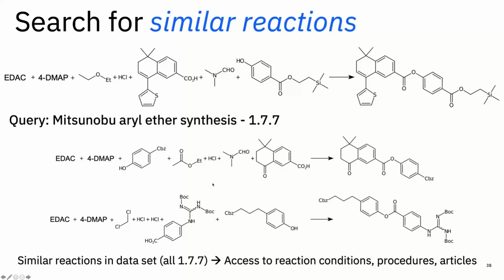And what you see is that it not only captured the transformation, the reaction center, but it's also suggesting reactions with similar reagents. And from that, you can then get back to more information, essentially the procedure that made the other reactions.